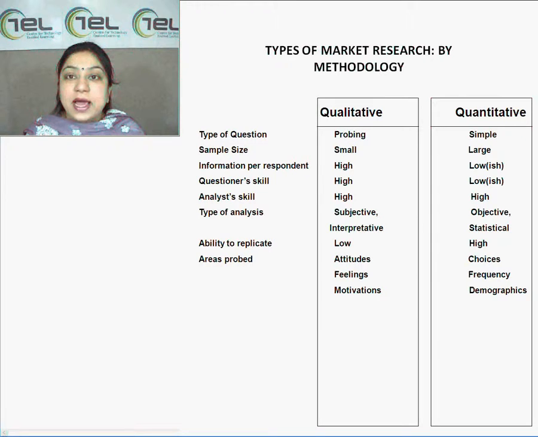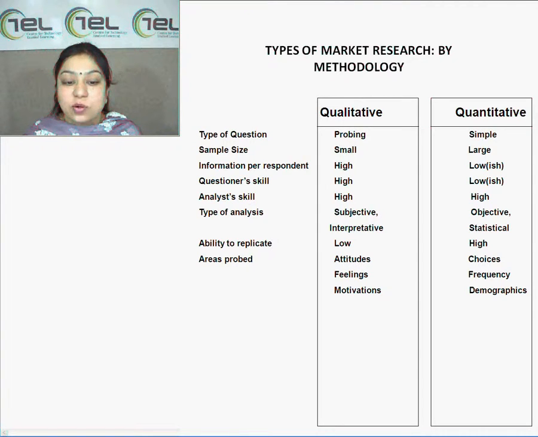Next comes the help of methodology. Under methodology, research is categorized into qualitative and quantitative terms. Qualitative is on the basis of certain qualities of individual behavior. Quantitative is in terms of measures, data which can be measured. There are certain types of questions in this table.